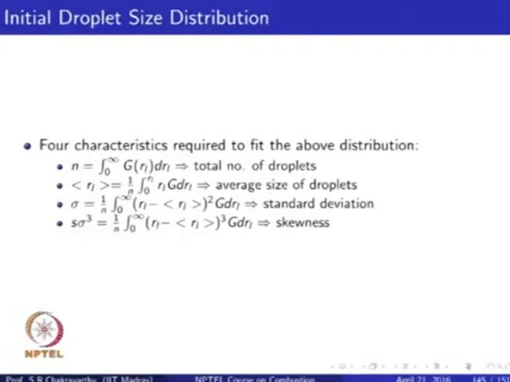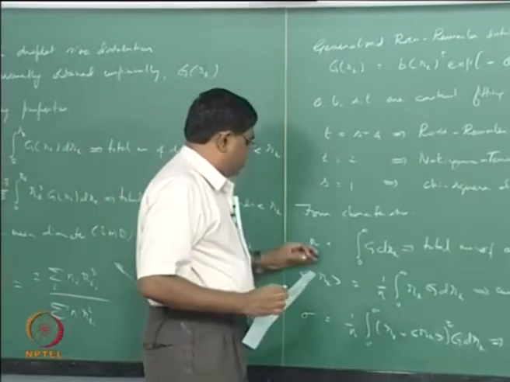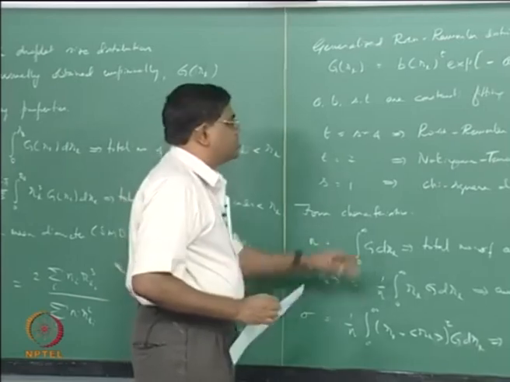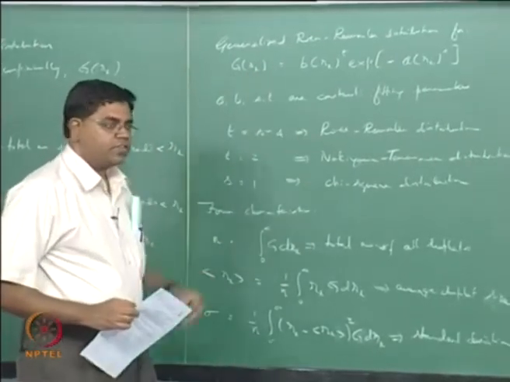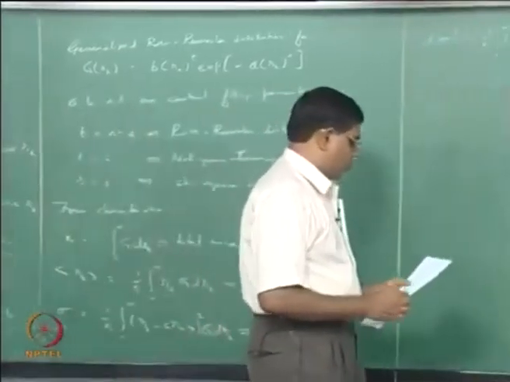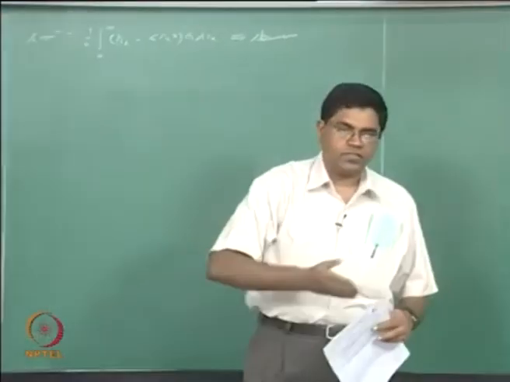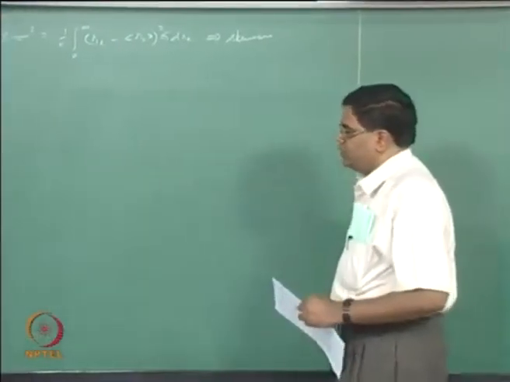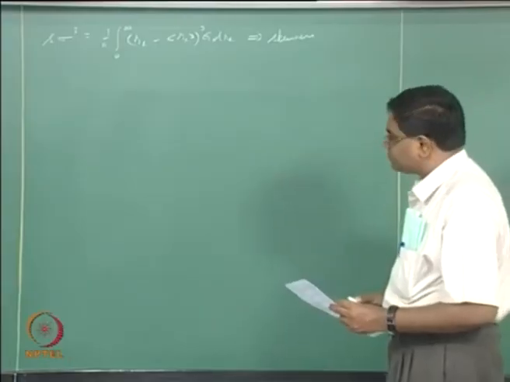So if you're now able to get some data with which you know the mean, the total number, the standard deviation and the skewness, you can fit the distribution that satisfies these, and then obtain the constants, and then you have a curve that follows the standard template.